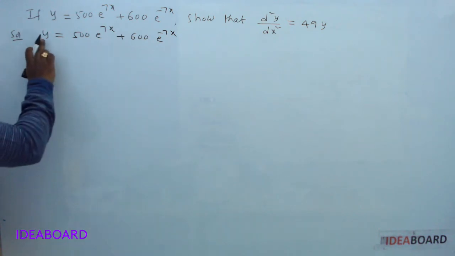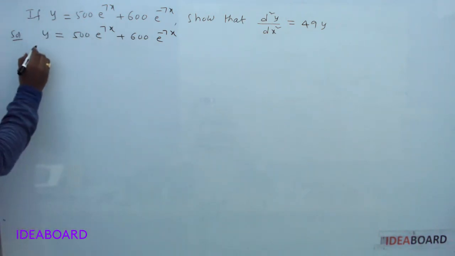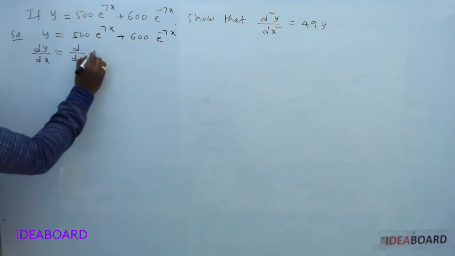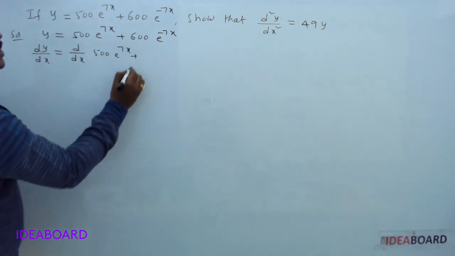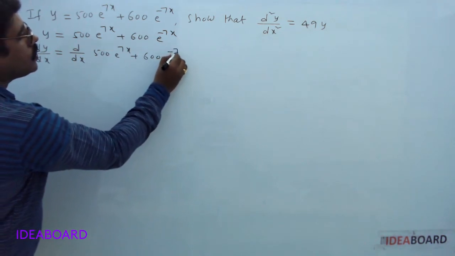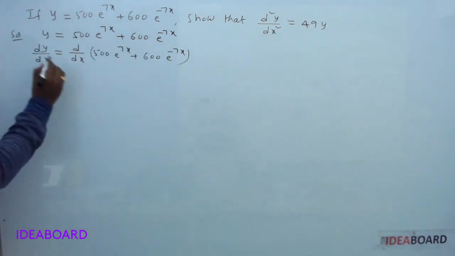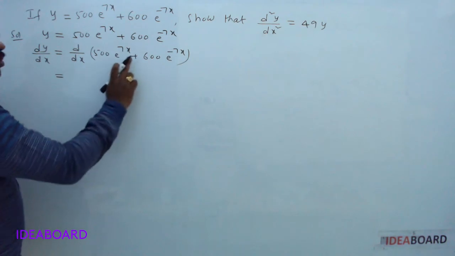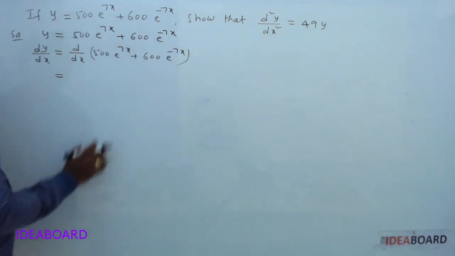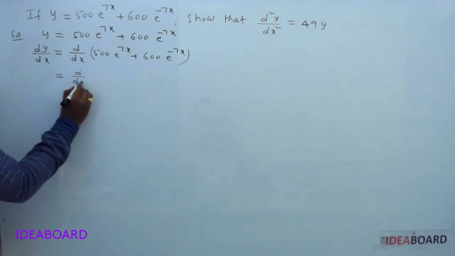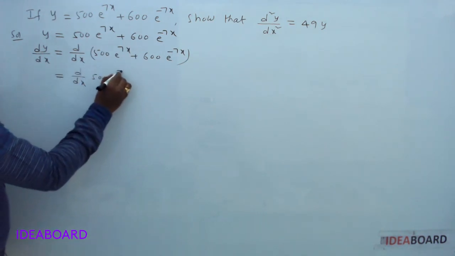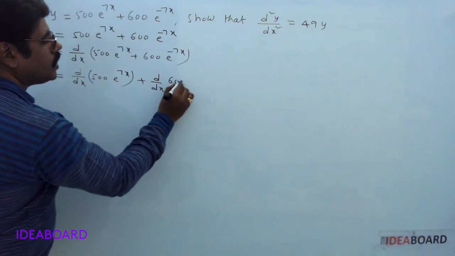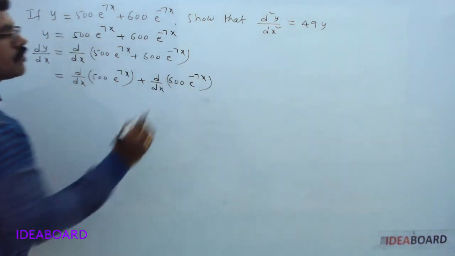Differentiating this equation on both sides with respect to x, that is dy/dx equals derivative of 500 e^(7x) plus 600 e^(−7x), which can be written as derivative of 500 e^(7x) plus derivative of 600 e^(−7x).